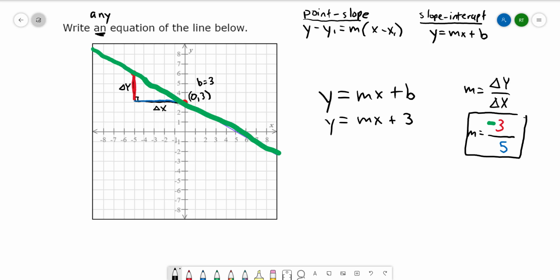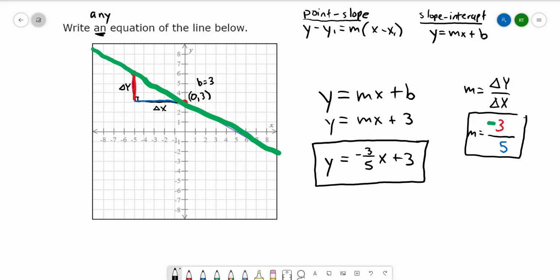So negative 3/5. Now I'm just going to substitute my number in there. Y equals negative 3/5 x plus 3. There you go. I now have my equation of the line. And this is called slope intercept form.